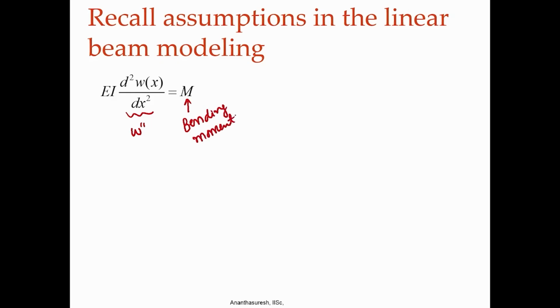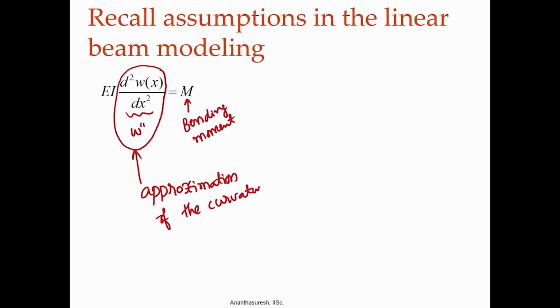This is what we call Euler-Bernoulli theory, where we say that this particular quantity, W double prime, is actually an approximation of the curvature.